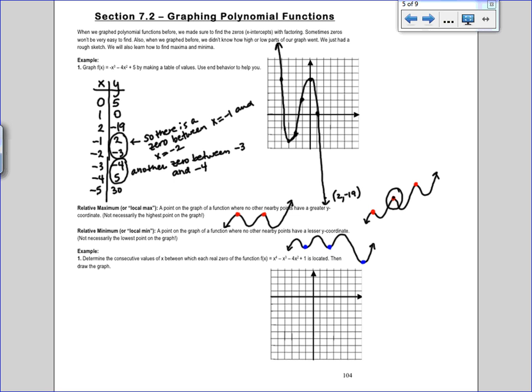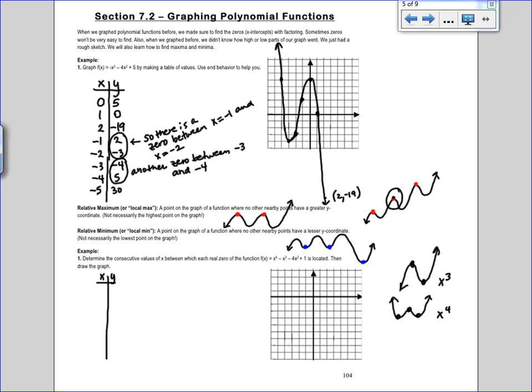All right, so I'm going to do another t-table for this. It's also interesting to note with relative maxima and minima that an x cubed function can look like this. It has one relative maximum and one relative minimum. An x to the 4th function, we learned last section, has three relative maximums and minimums.